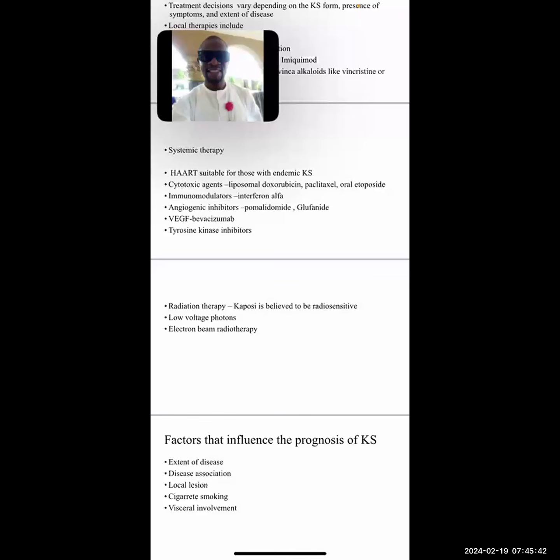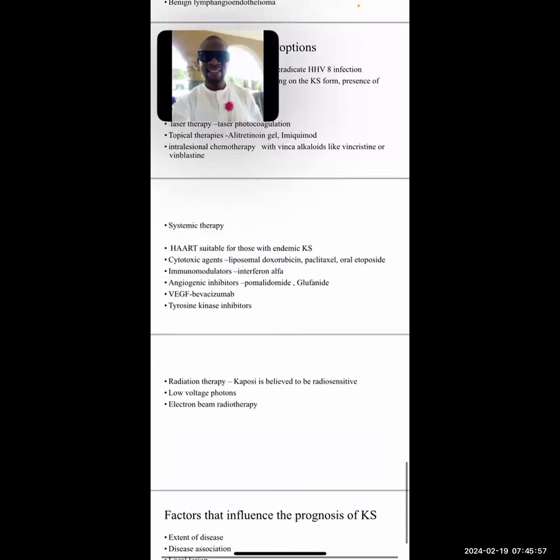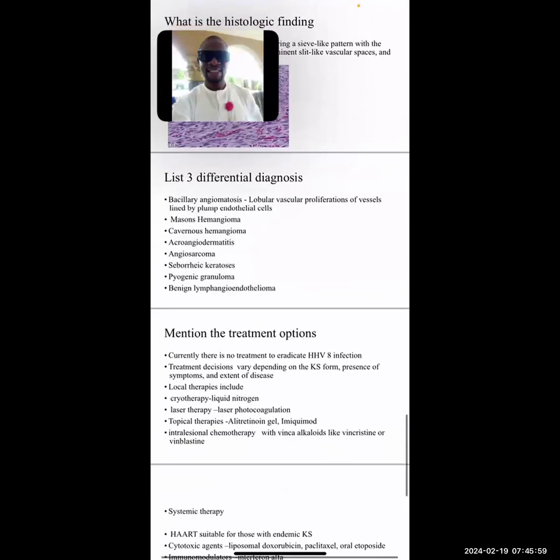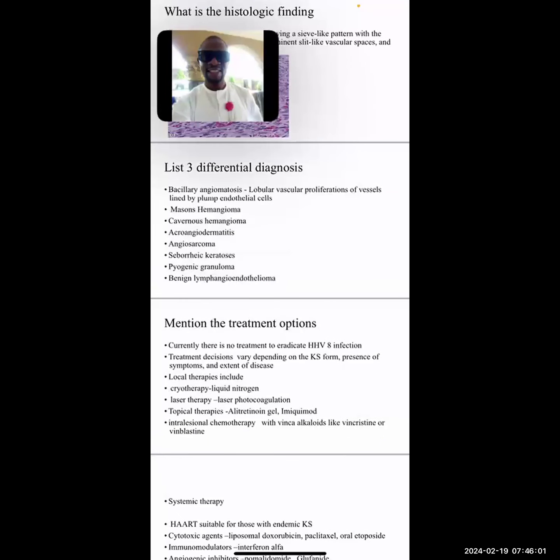Dr. Paul, saying skin biopsy can differentiate bacillary angiomatosis lesions. Bacillary angiomatosis lesions possess capillary proliferation and neutrophilic inflammation. In contrast, Kaposi sarcoma lesions display slit-like vascular spaces containing lymphoplasmacytic infiltrates.